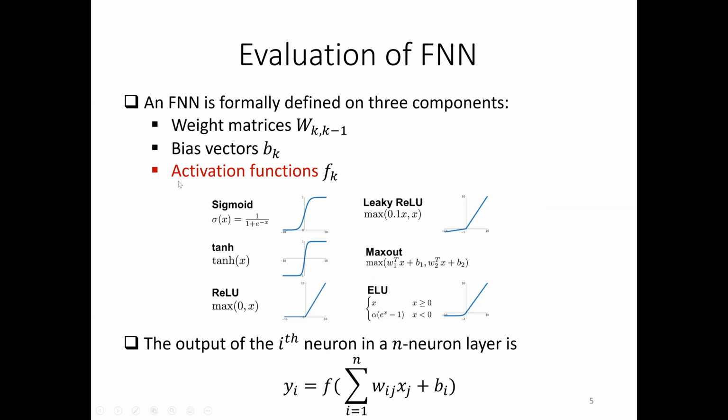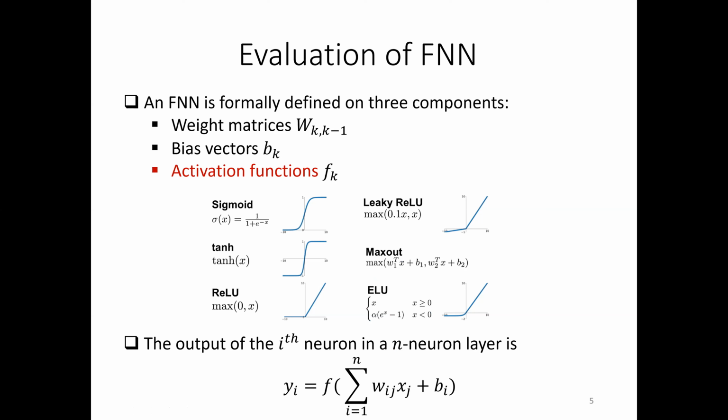And then the activation functions f_k. So that means when you have the input to a specific neuron, defined based on the weight and the bias, you then apply the activation function on that neuron to get the output of that neuron. And you're going to have different types of activation functions.